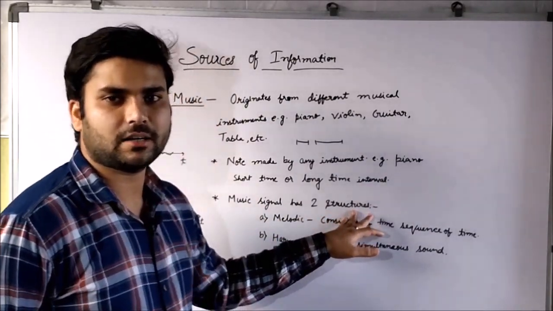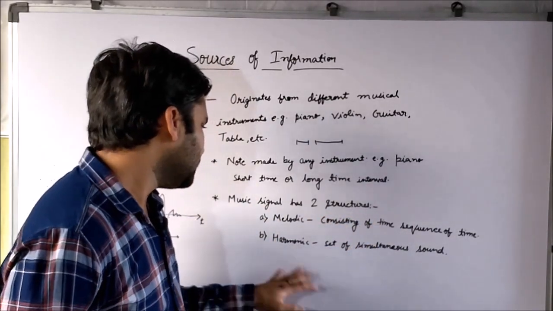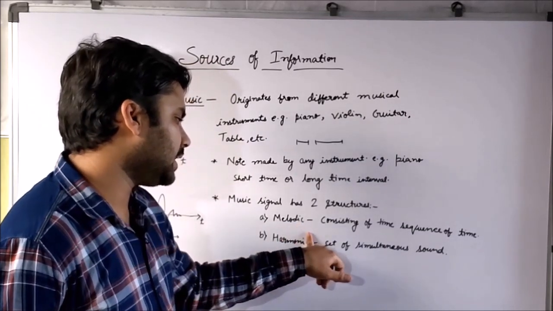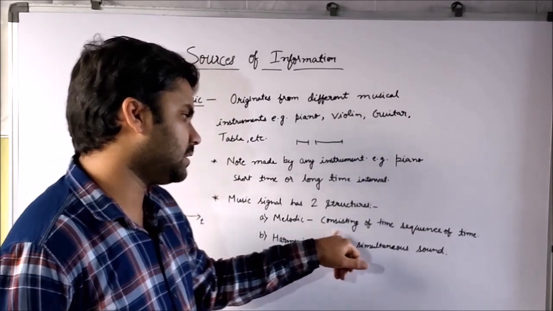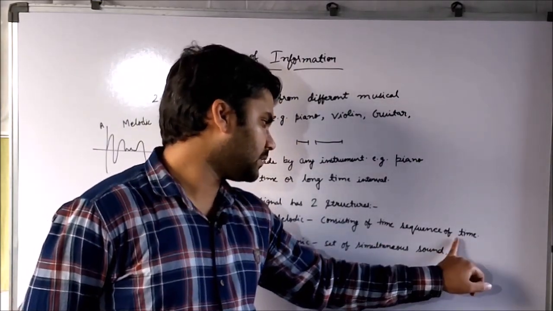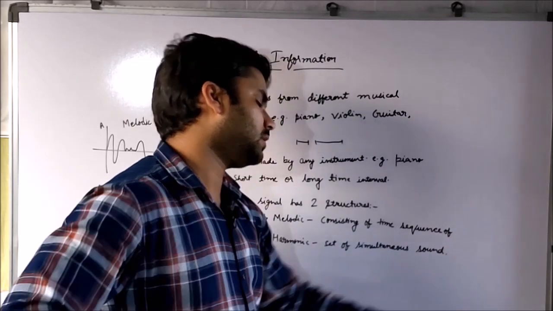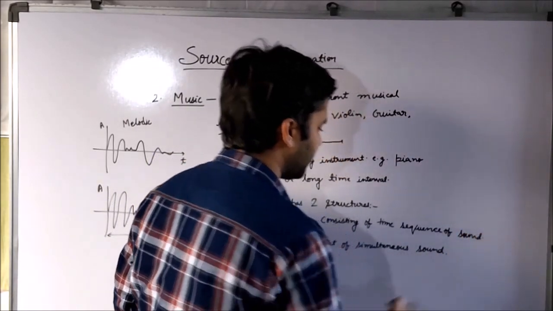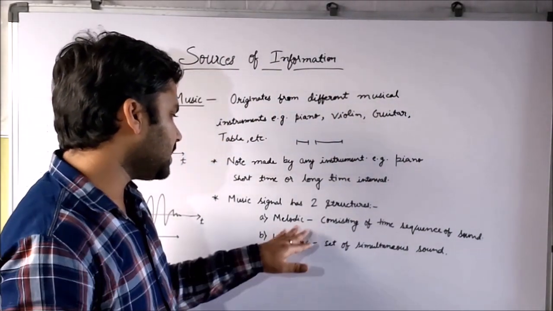This can be understood like this also, that it is melodic and harmonic. What is this melodic? Melodic is a musical signal consisting of a time sequence of sound. It's not time, it's sound. Okay, what is this melodic?